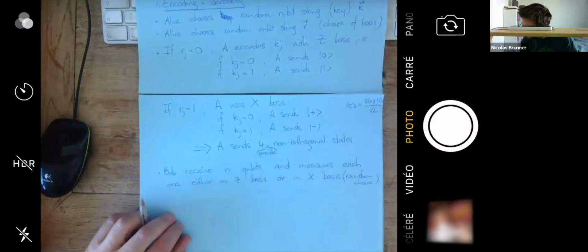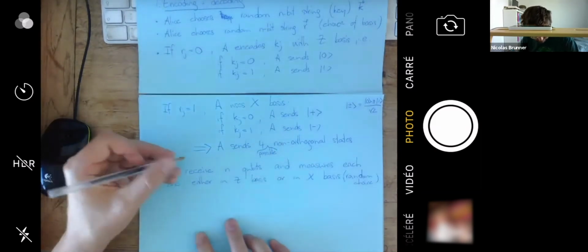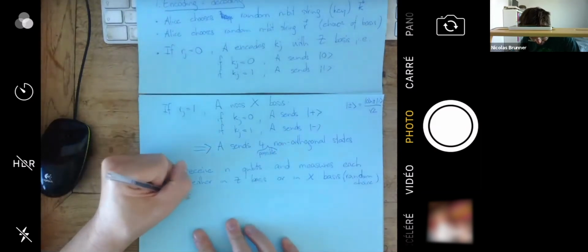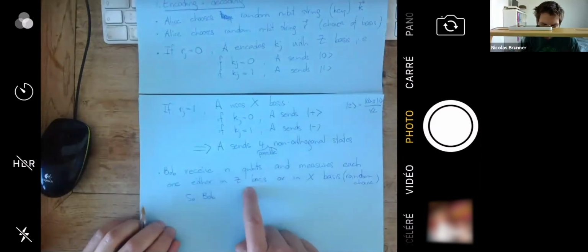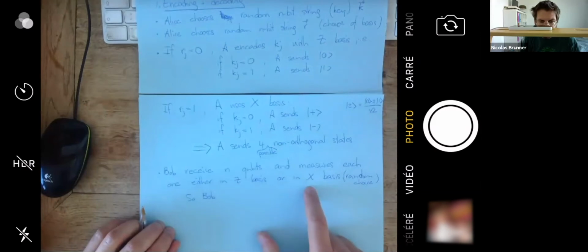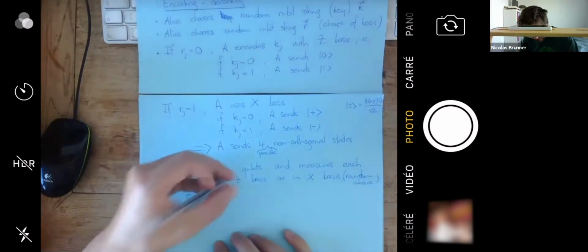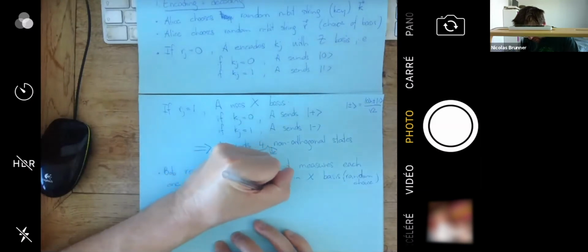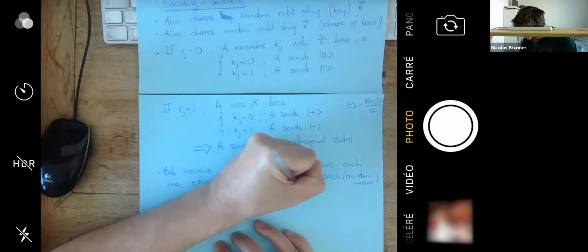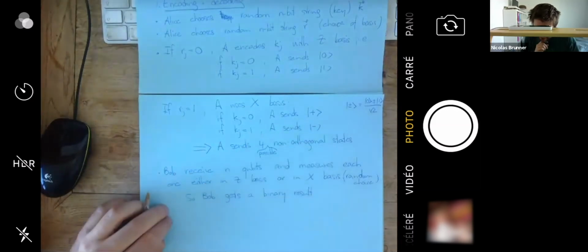So for every qubit, he makes either the Z or the X measurement, and so in every round he gets a binary result.